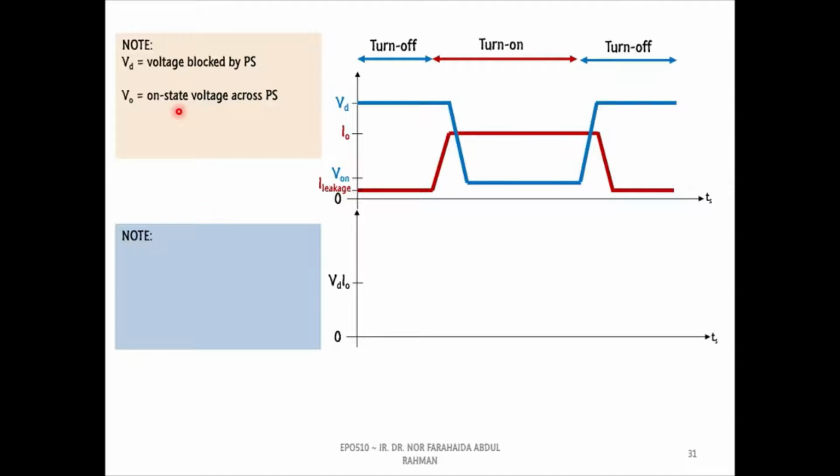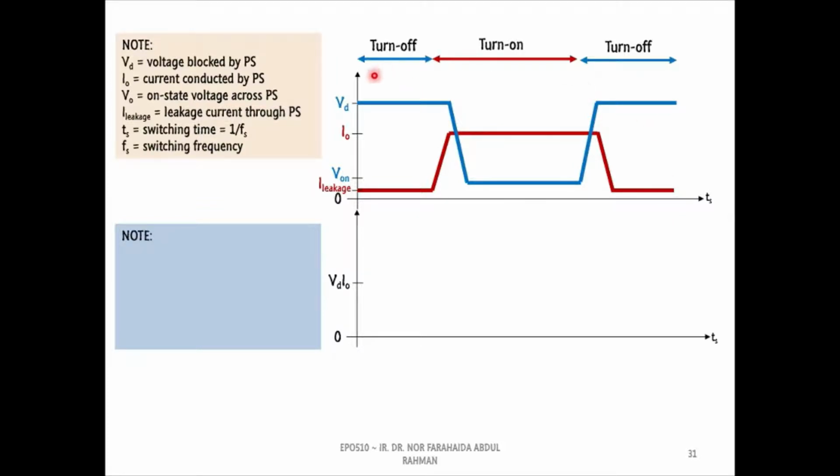In this graph, the x-axis refers to the switching time in seconds, and we can see some delay before the power switch is entirely on or off.